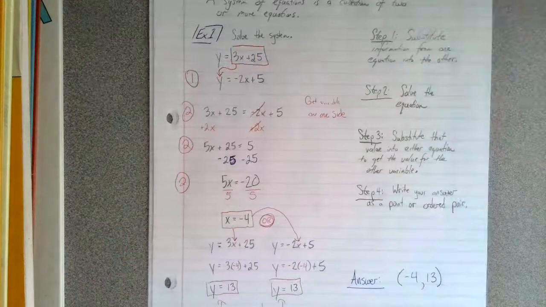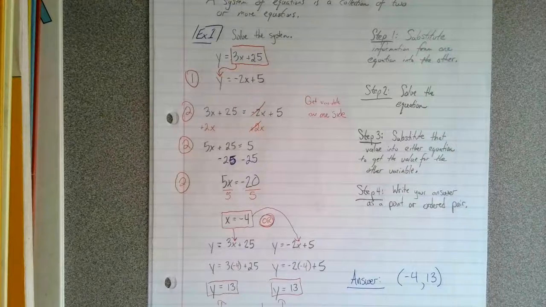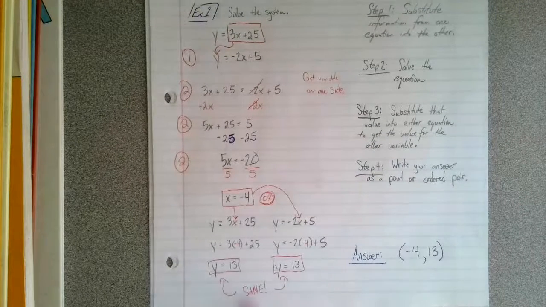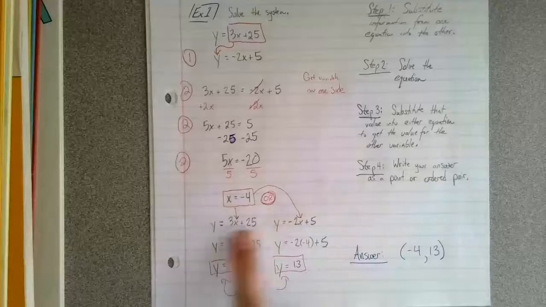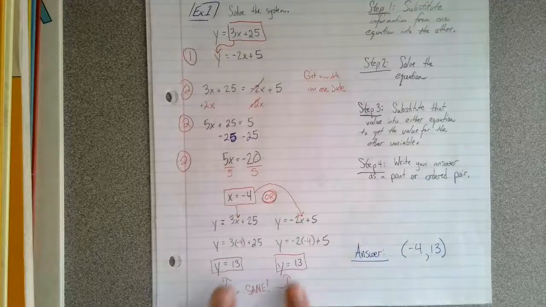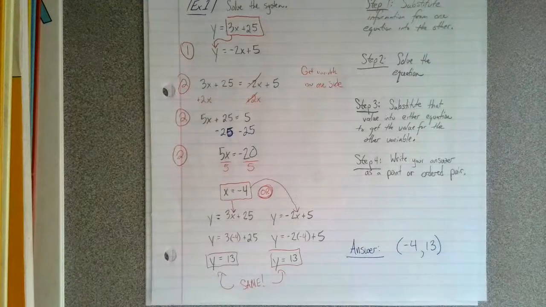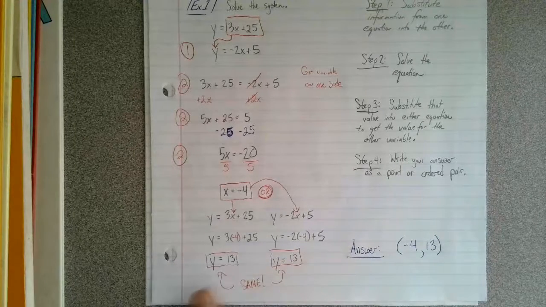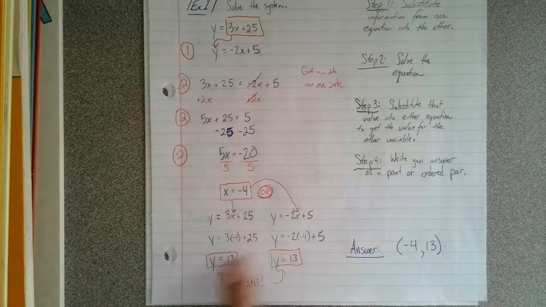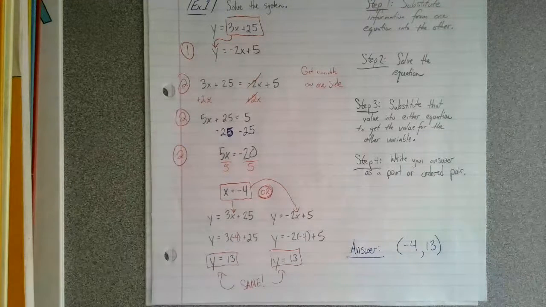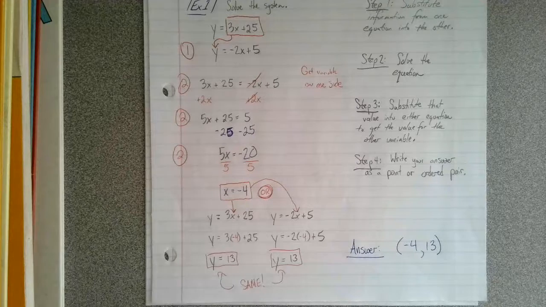If you did the math right and you plug negative 4 into either of the two original equations, you can see that they produce the same value. And so this shows you two things. One, it does not matter which equation you plug your first value in for.